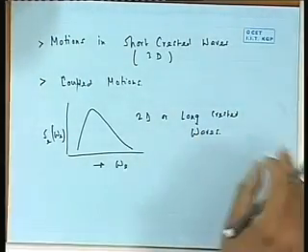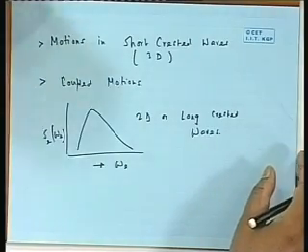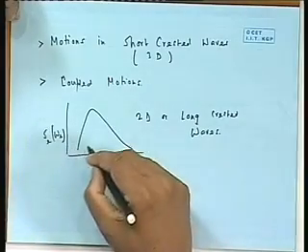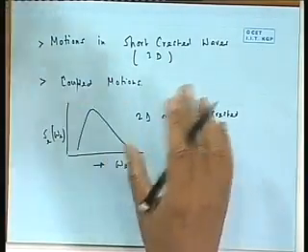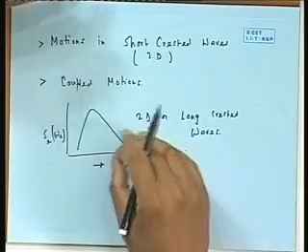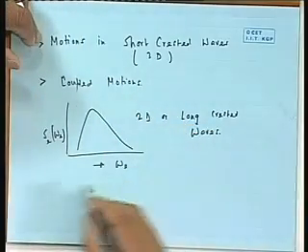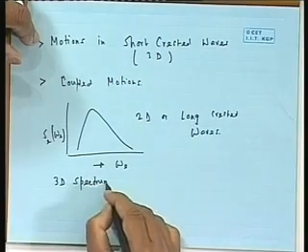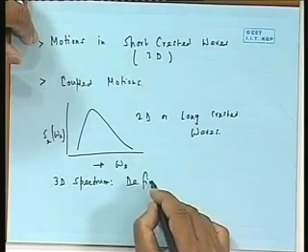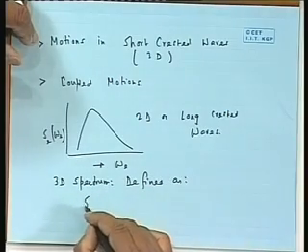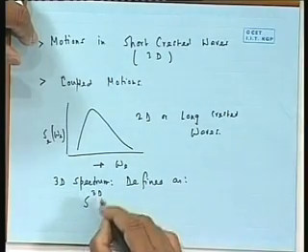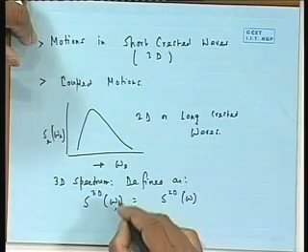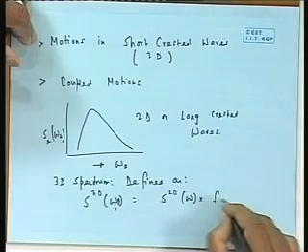We have briefly discussed earlier how we can describe a short crested wave by simply multiplying this with a spreading function and taking also the fact that waves come from all directions. Basically, what we have defined is the 3D spectrum: S 3D of omega is equal to S 2D of omega, with a theta here, multiplied by F of theta.